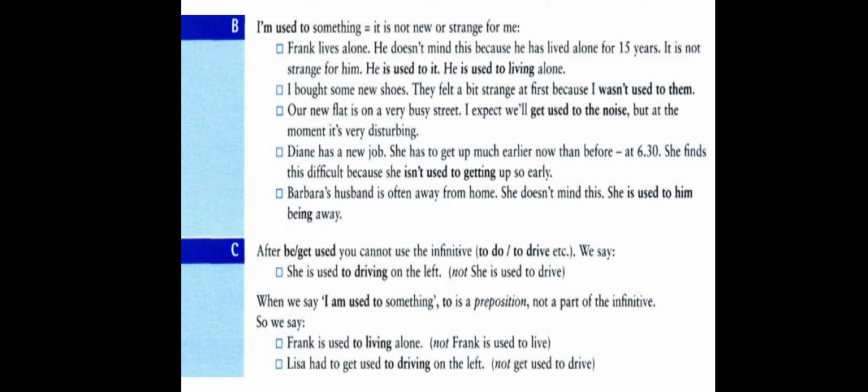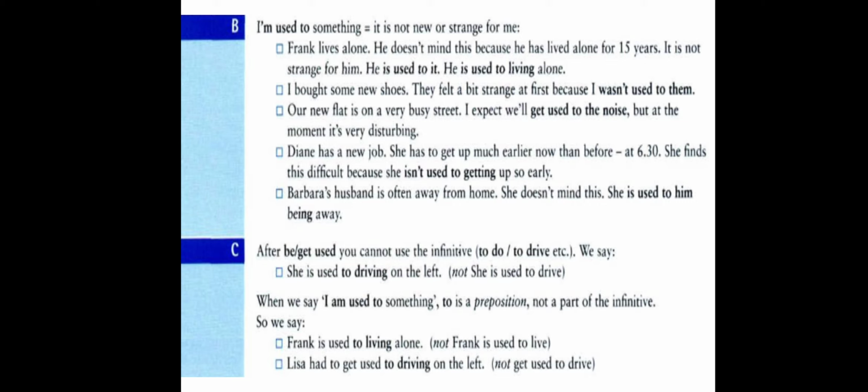If we have am, is, are, or get, or in other words verb to be before used to, then we use verb plus ing after to. For example, here she is used to driving on the left. Here we use is before used to, and we use verb plus ing, driving on the left, after used to.